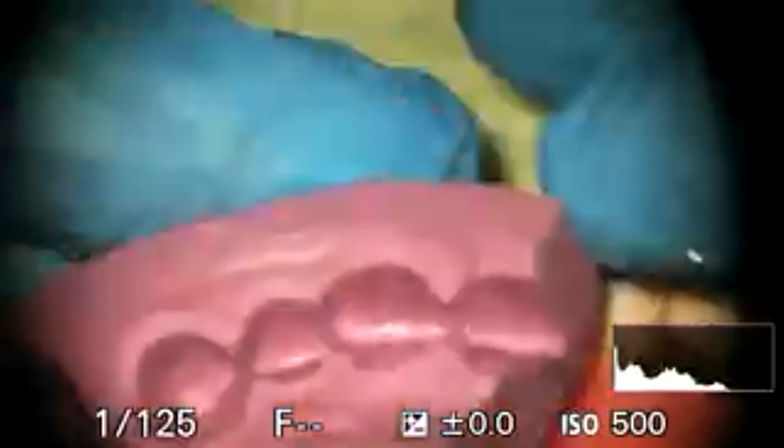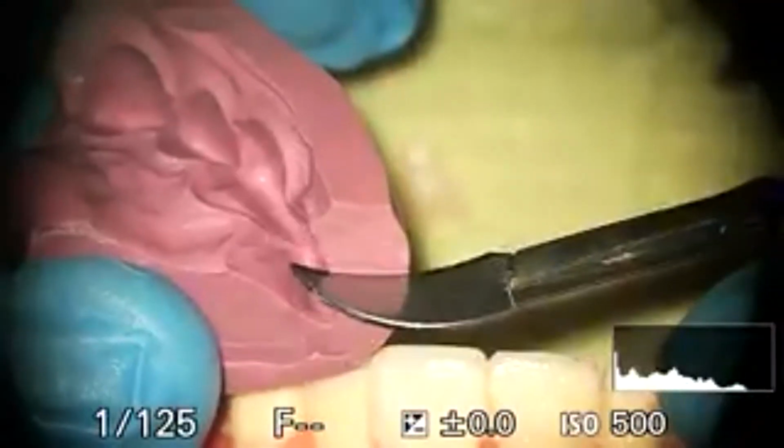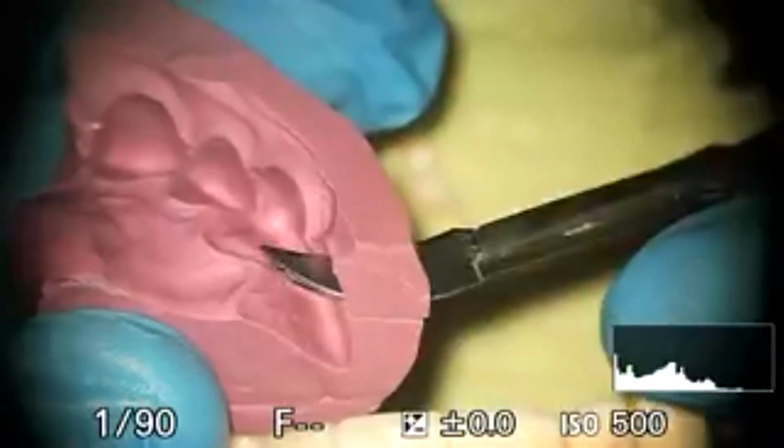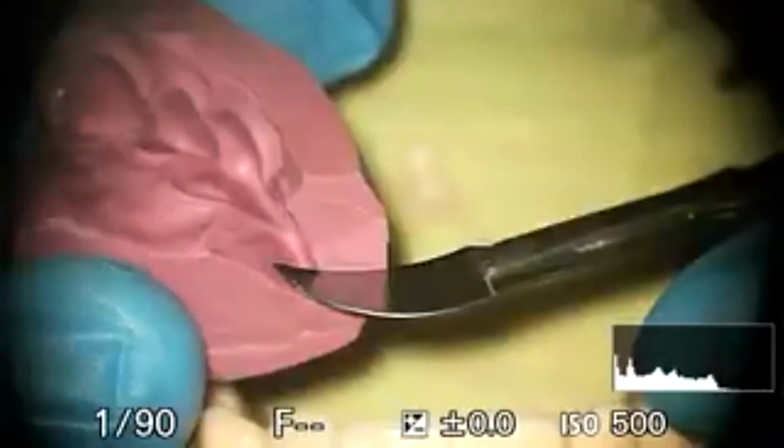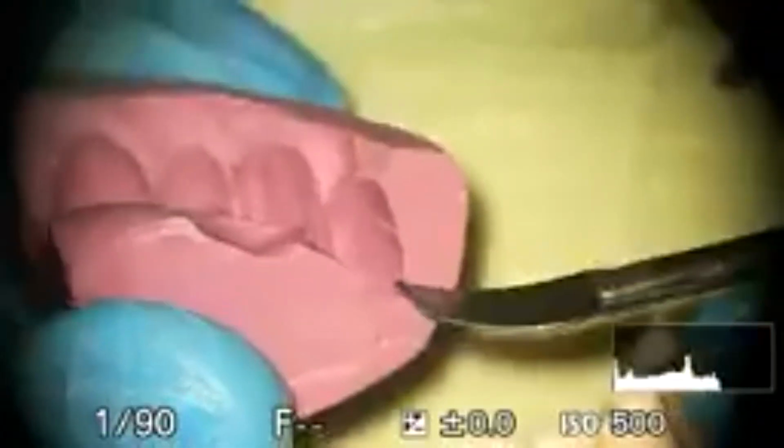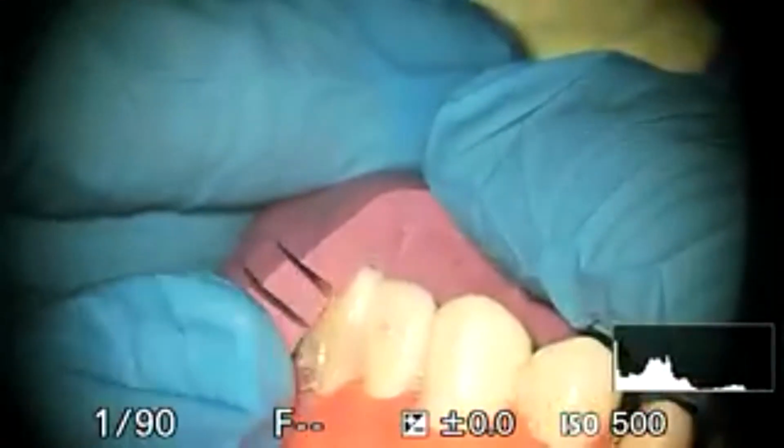I'm just showing you that you can divide it into 3 layers. So this is the cervical third, this is the middle third, and then the incisal. So when I do the prep afterwards, I can just pull this and see if I have enough clearance.